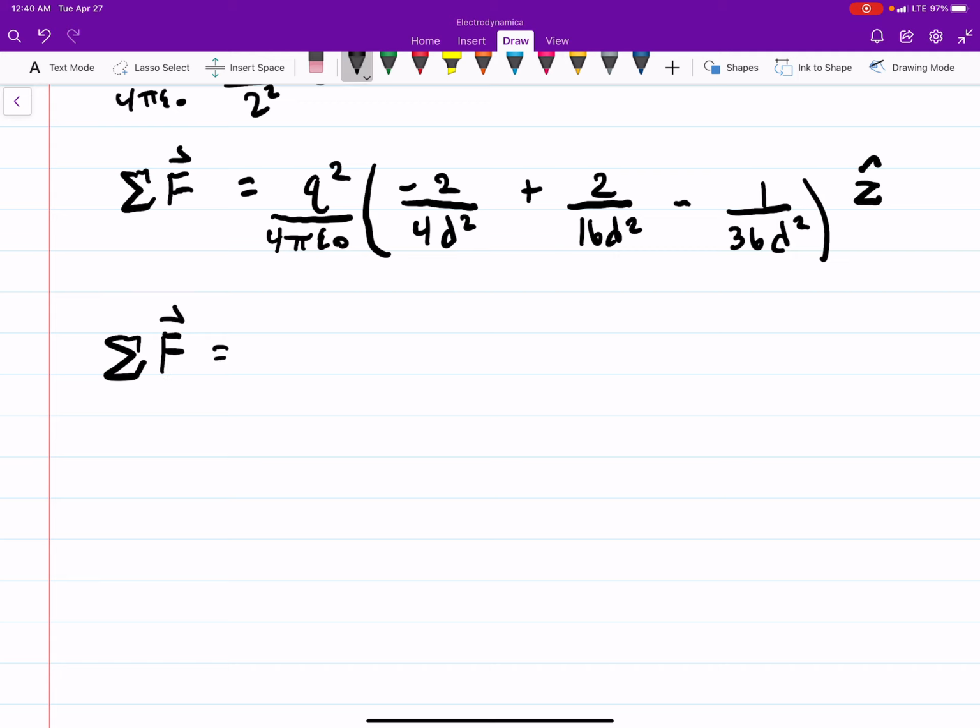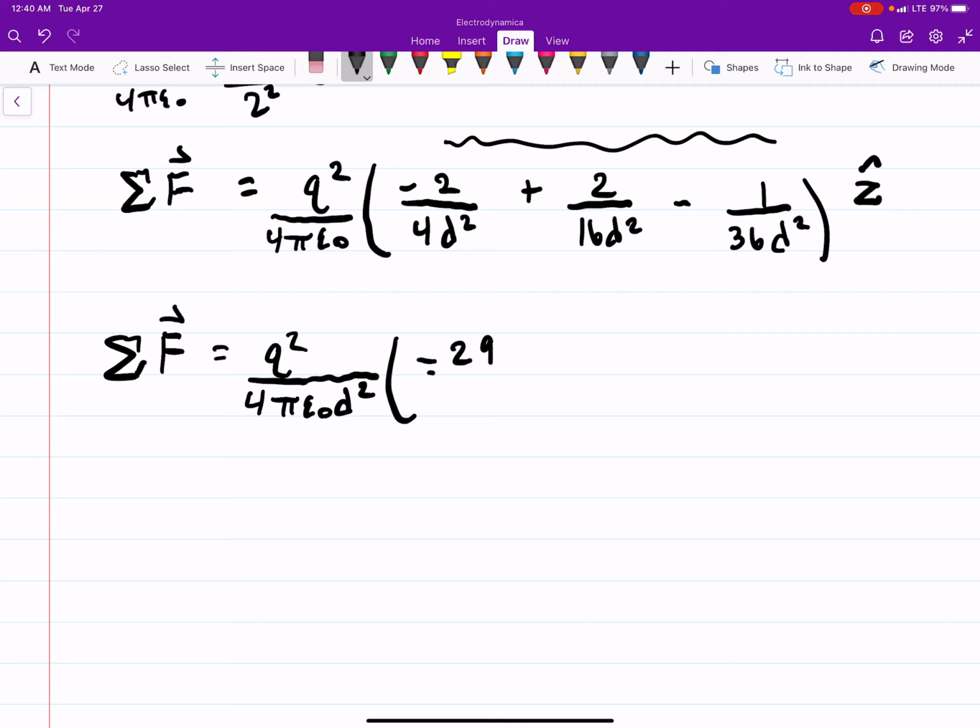So the sum of all forces is Q squared over 4 pi epsilon naught D squared. You can pull out a D squared. And if you add all these terms up, you'll get minus 29 over 72 in the z-hat direction.